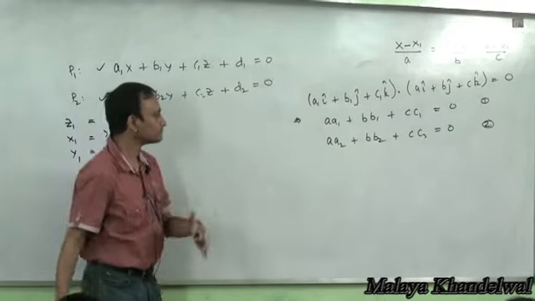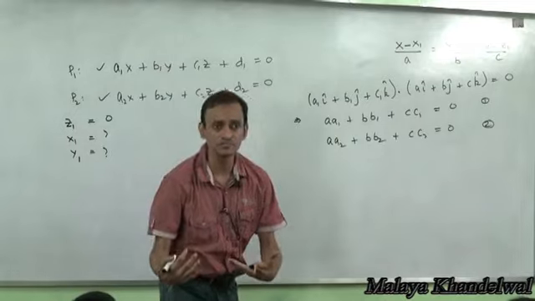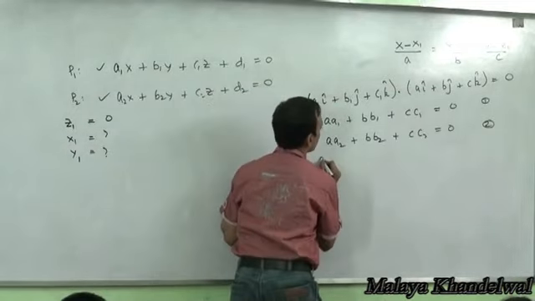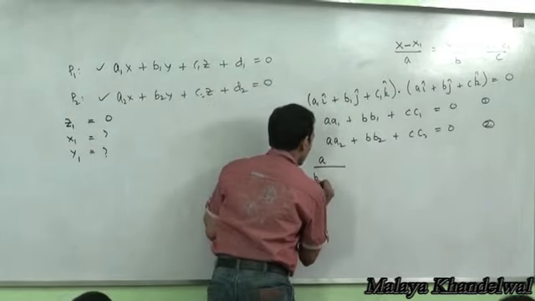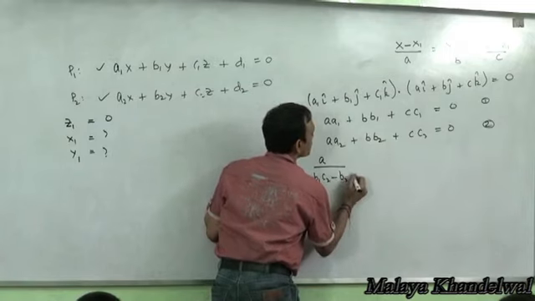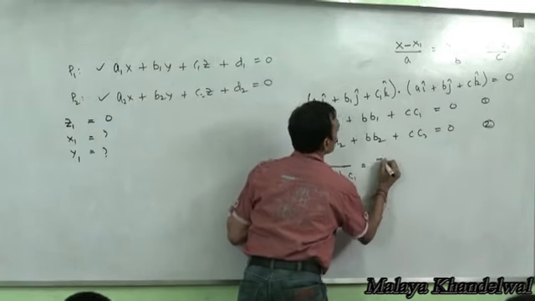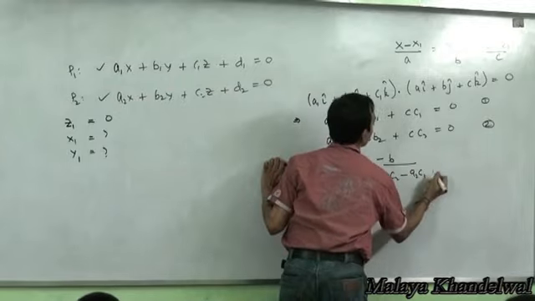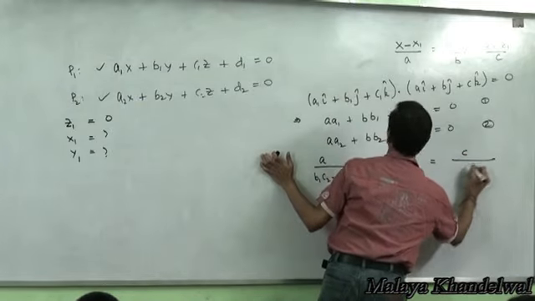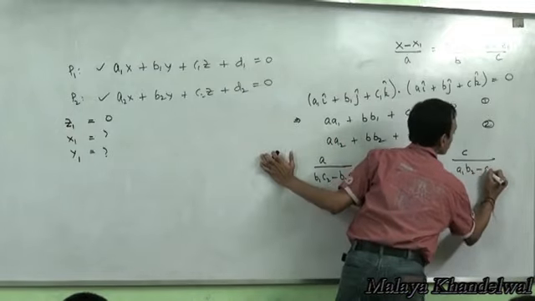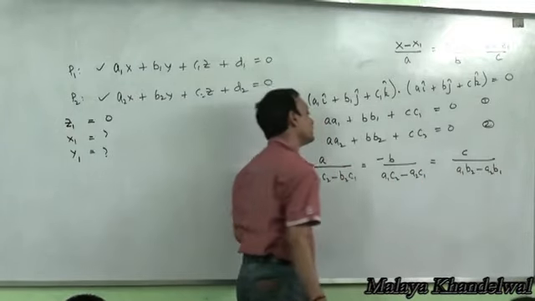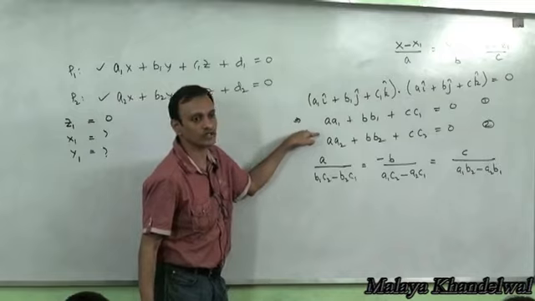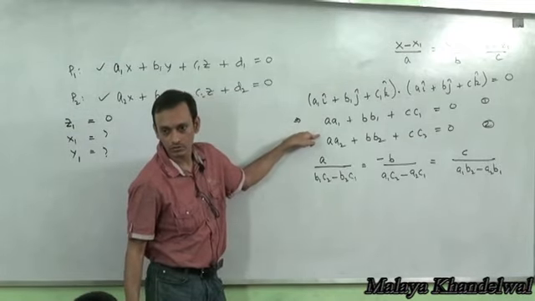And then from the rule of cross multiplication, what you could do is a by (b1c2 minus b2c1) as minus b by (a1c2 minus a2c1) is c by (a1b2 minus a2b1), right? That's what you get from these two equations using cross multiplication.